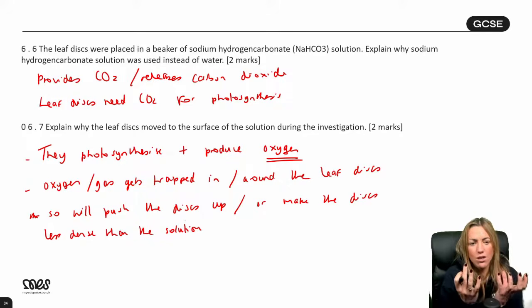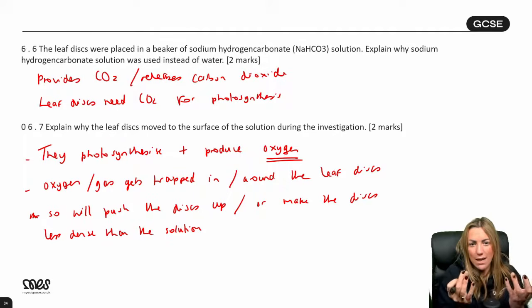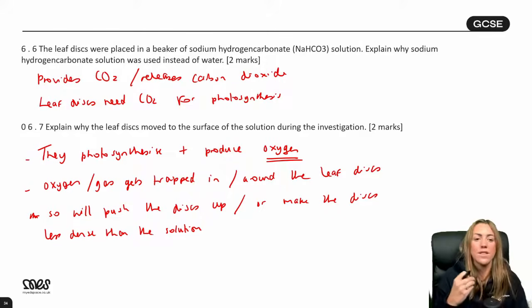If they're producing oxygen, you think about oxygen like bubbles of gas being produced, they're going to build up in the leaf discs or around the leaf discs or under the leaf discs, and that's going to make the discs float up, isn't it? It's going to push the discs up or make them less dense than the solution that they're in, or move the leaves up to the surface because they've got all these little oxygen bubbles or gas or air bubbles trapped around them or in them or underneath them.